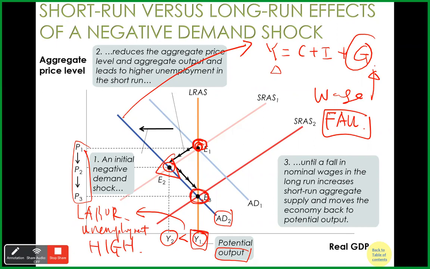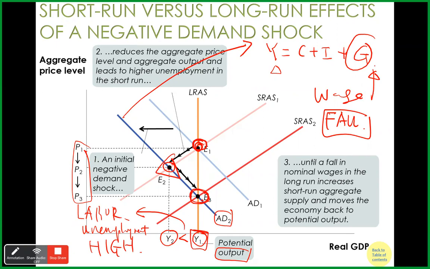If the government increases G, what does that mean to aggregate demand? It will go up, because G is part of aggregate demand.